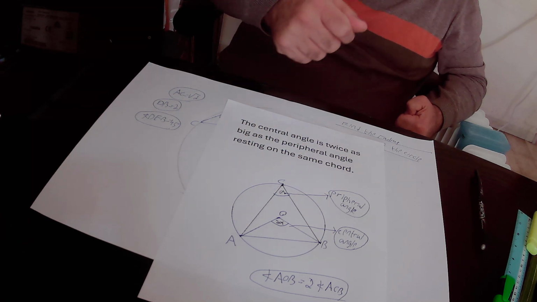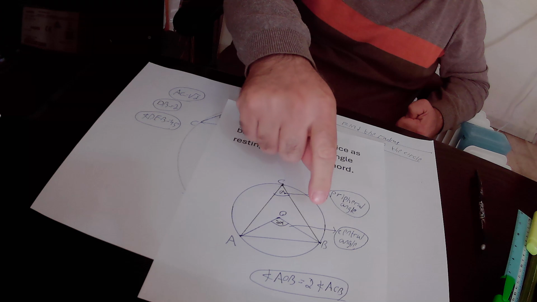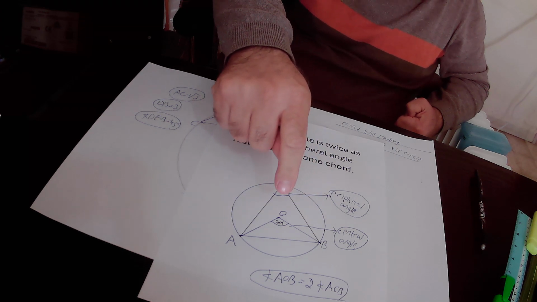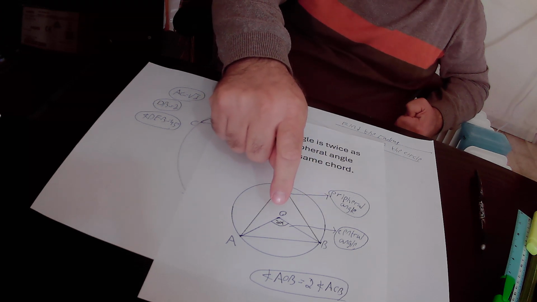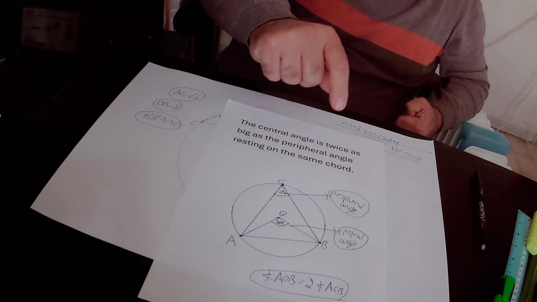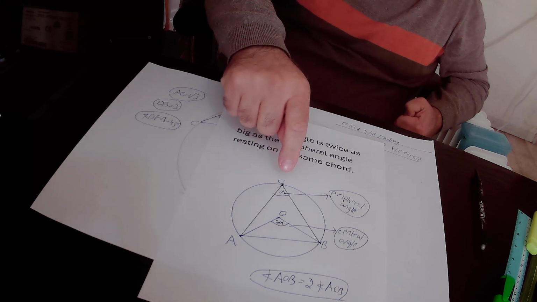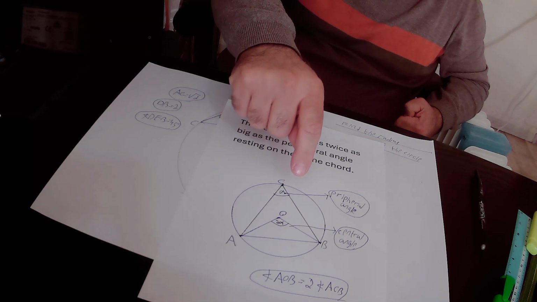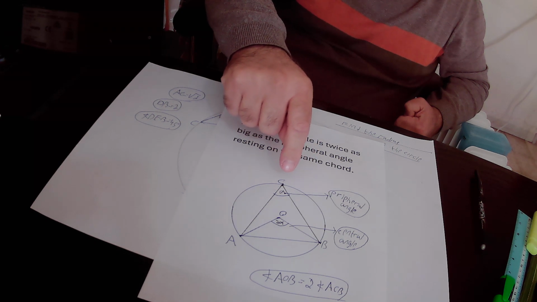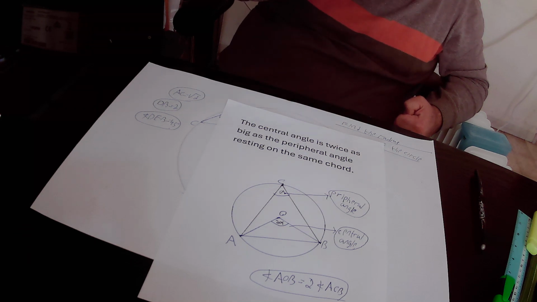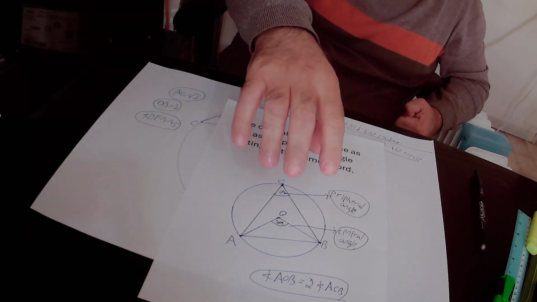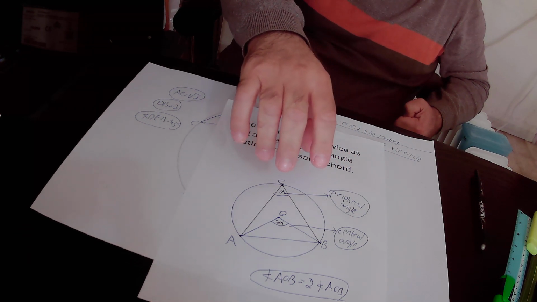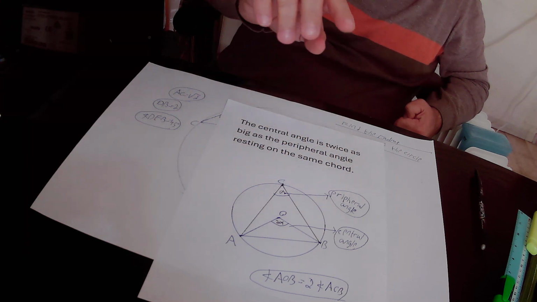Therefore, the central angle AOB that rests on the same chord AB must be equal to 2 alpha. Why? Because the peripheral angle equals alpha, therefore the central angle must be twice as big, equal to 2 alpha, because both of those two angles are resting on the same chord AB.